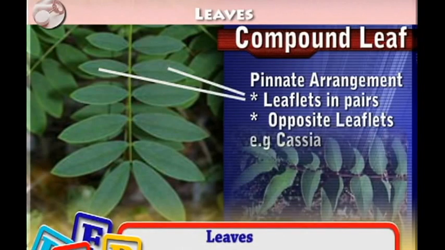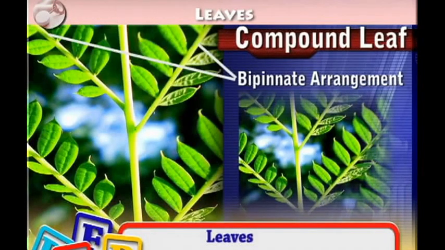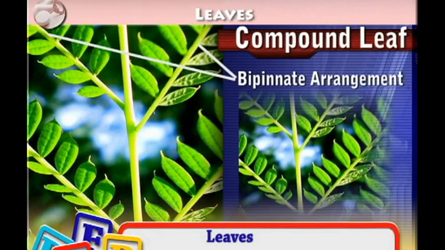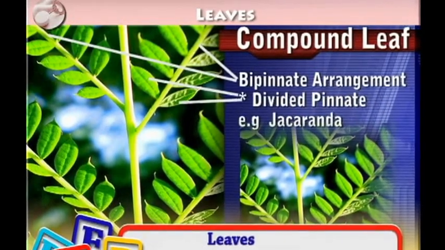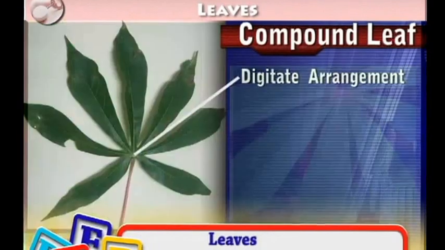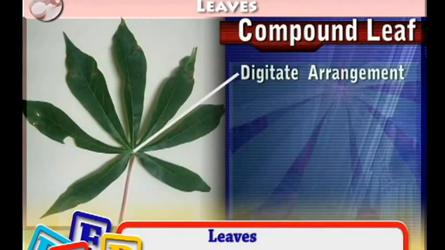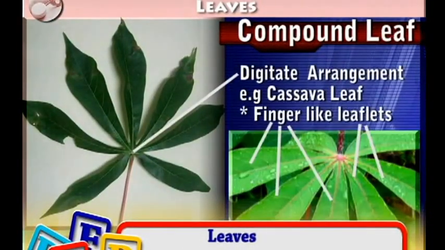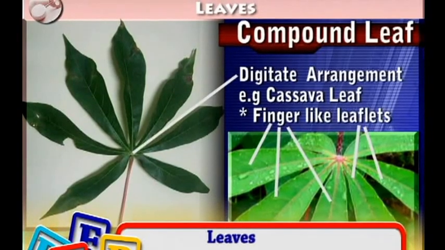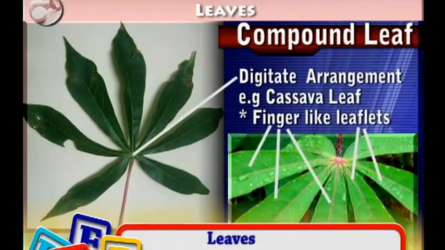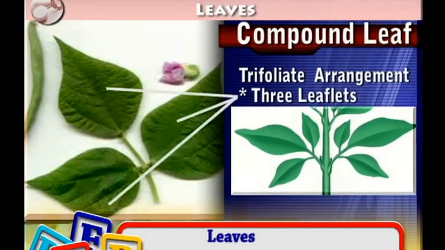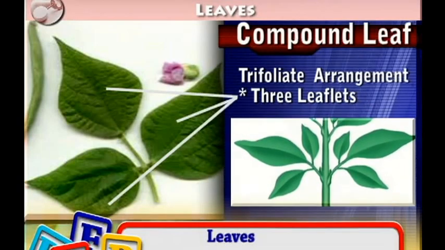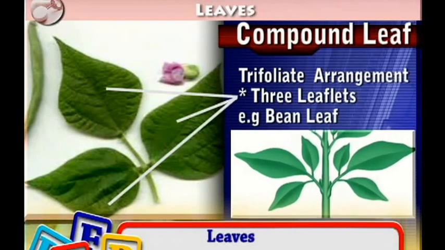Then we have the bipinnate, where the pinnate leaflet itself is divided into pinnate leaflets, that is the jacaranda. We have seen the digitate, whereby the leaflets radiate out of the stalk in the form of a hand with fingers, and the example was cassava. We have seen the trifoliate, where the leaf has 3 leaflets, and it is found in beans.